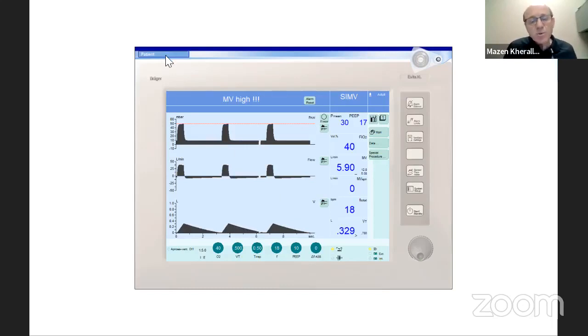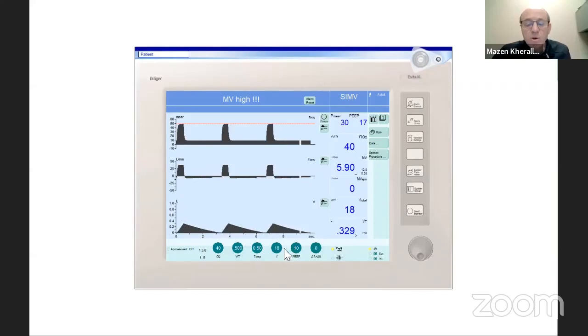Now the condition got worse, and you can see here that the volume got less, so the 500 is not delivered. That's why the minute ventilation is already low, 6 liters. We lost 3 liters. So you need to expect that this patient is already acidotic because we lost 3 liters.